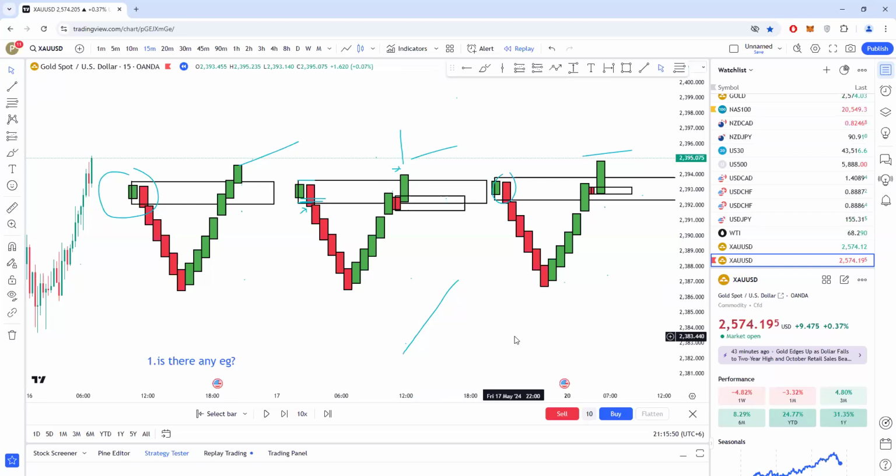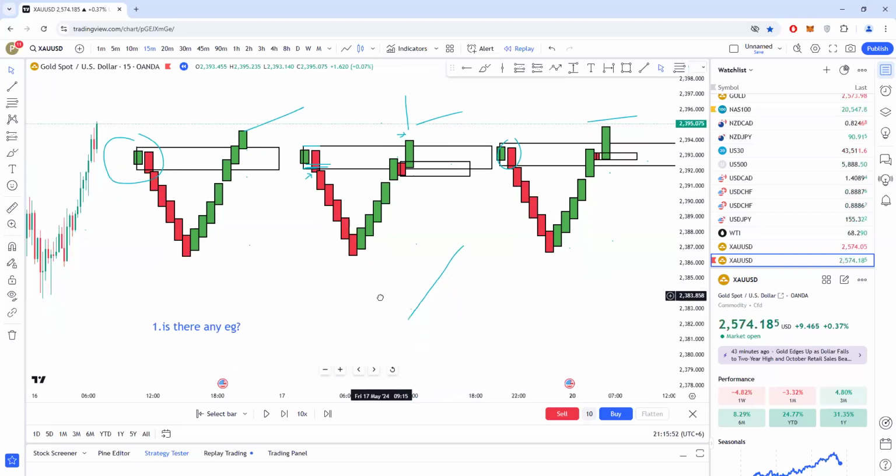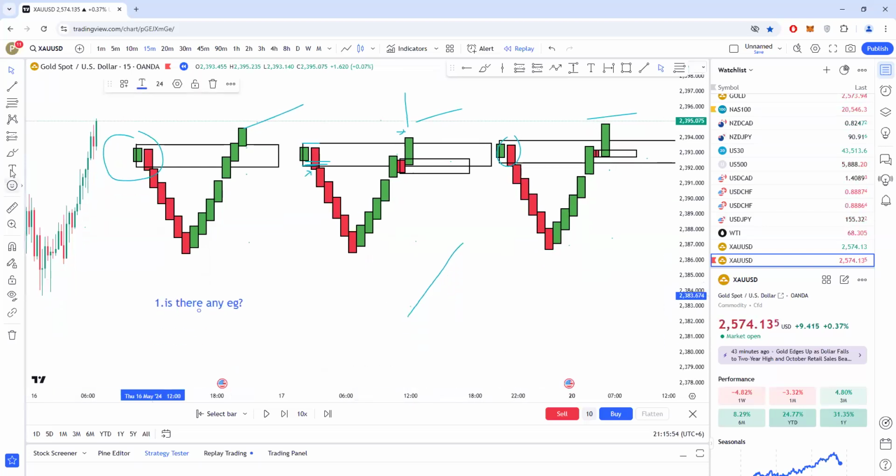Okay, sir. Now, as I said, I'm going to make it easy. First, is there any engulfing? We all say yes. And secondly, did that EG fail? All of them failed here. Is this part clear? Yes, sir.